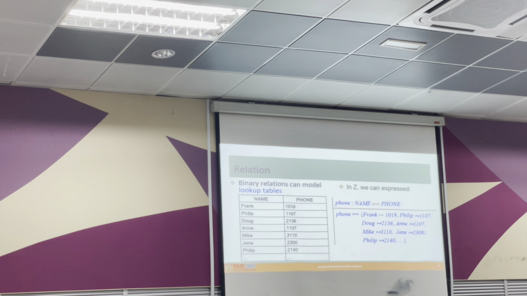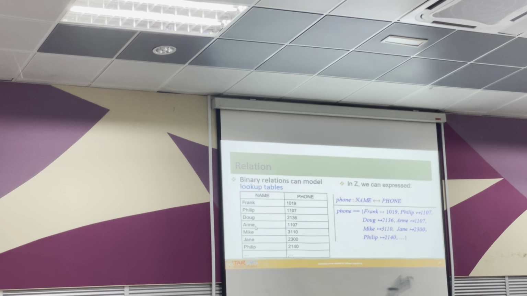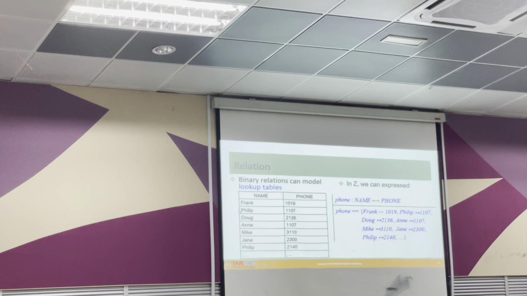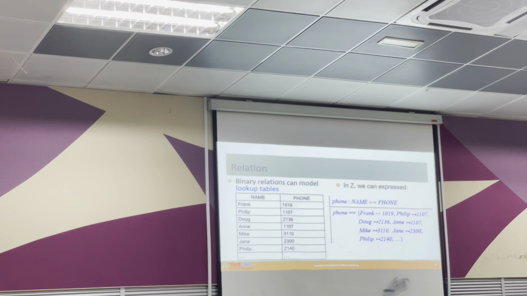So 1107 here can be accessed by one Philip here, another 1107 here can be accessed by another Philip here. And then, for example, Philip here may be a different department, and Philip here may be another department. So this is what we call a many-to-many relationship.